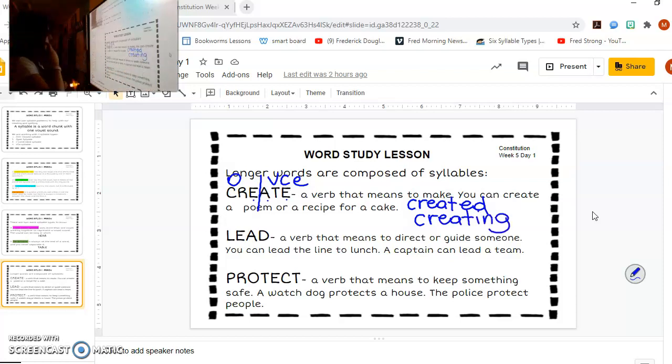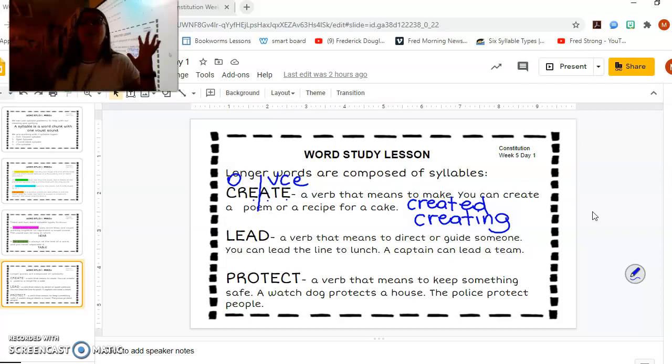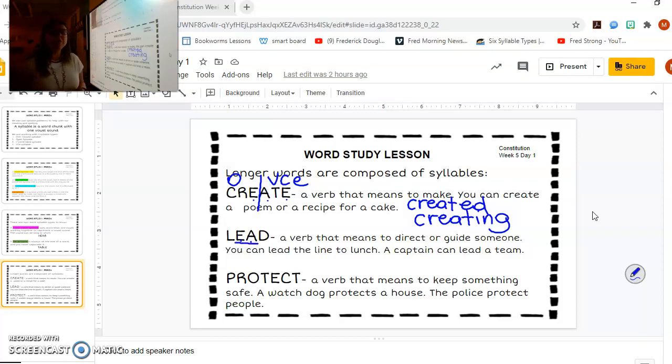Very good. All right, the next word is lead. Let's get our hands out and see how many syllables we have. Lead. Just 1 syllable. Okay, so I don't have to split the word. I mark the vowels. There are 2 vowels right next to each other. So this is going to be a vowel team, right? I'm going to put vowel team.